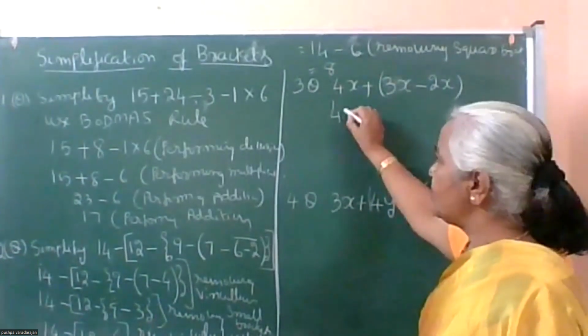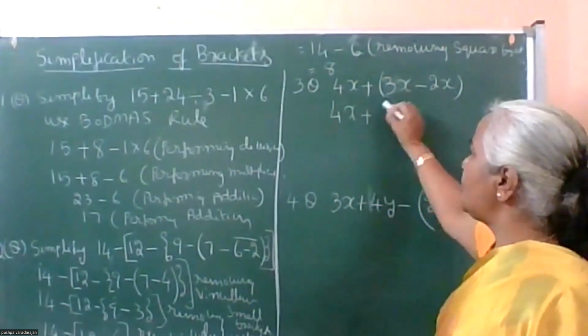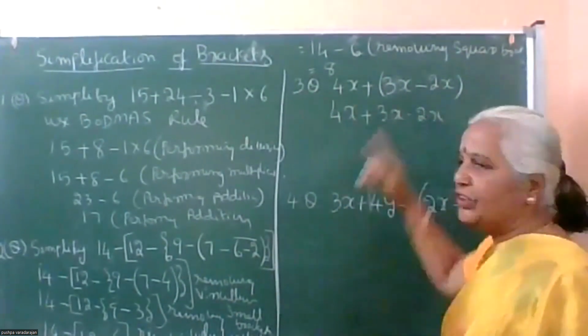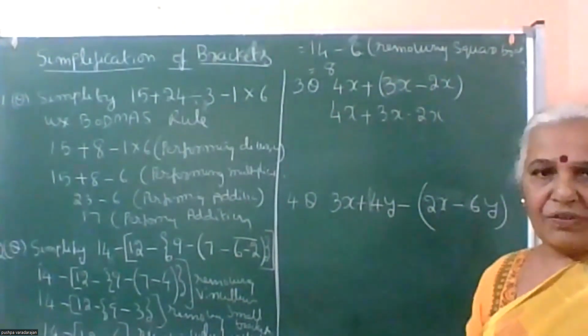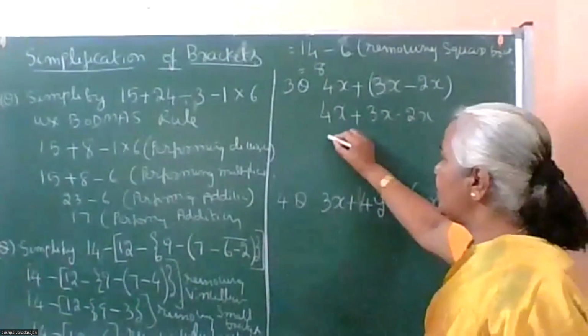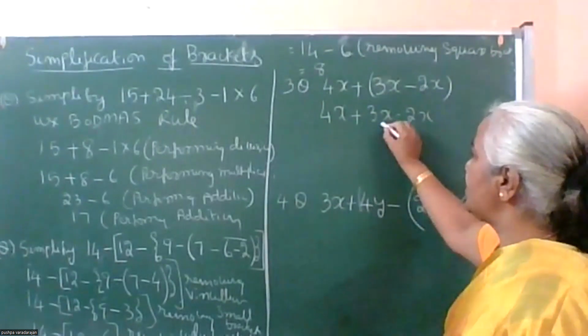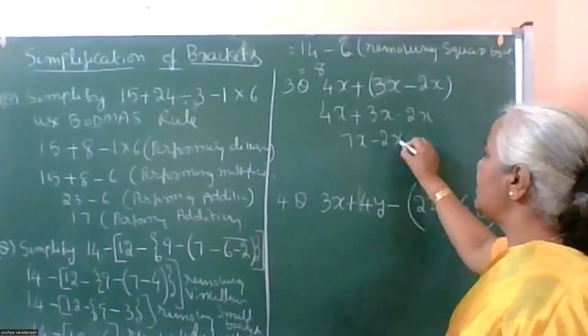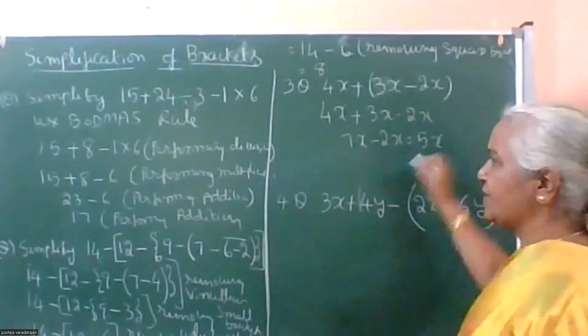Therefore, we just have to remove the bracket without changing the sign of the terms inside the bracket. That is 4 plus 3x is 7x, minus 2x is equal to 5x.